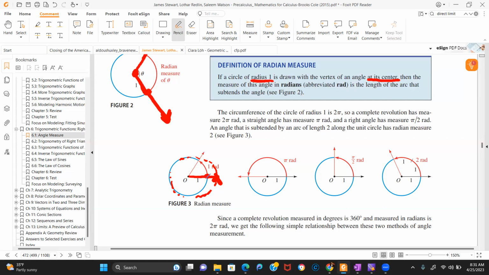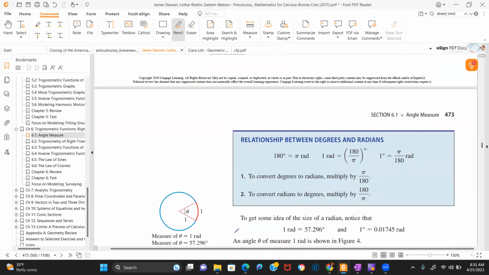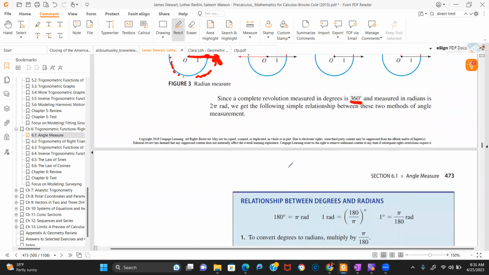It's going to be the whole circumference. So 2 pi is going to correspond to 360. So yes, it says right here we get this simple relationship between the angles, a way of converting, I should say. So we have that 2 pi radians.